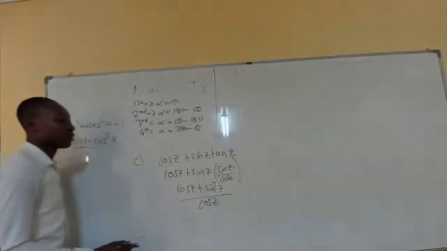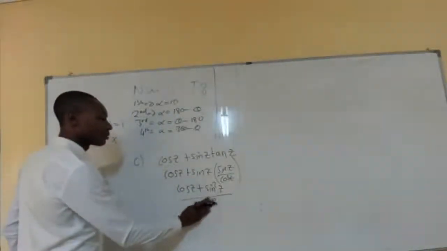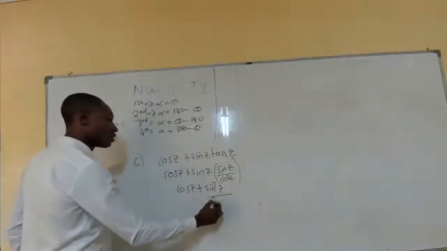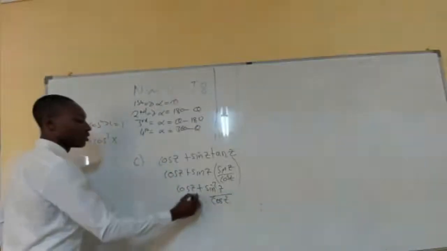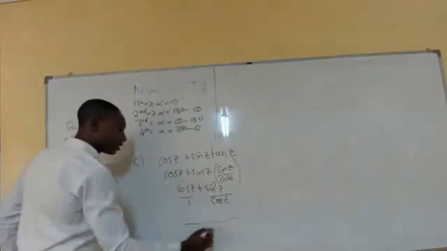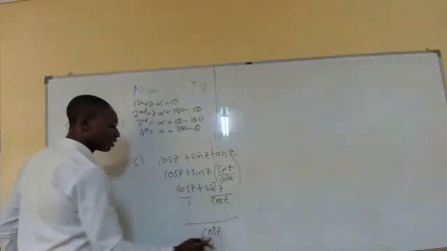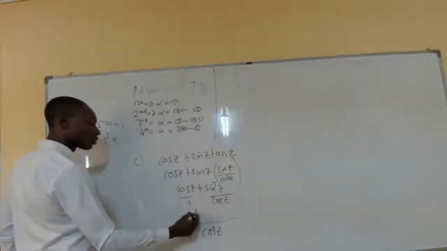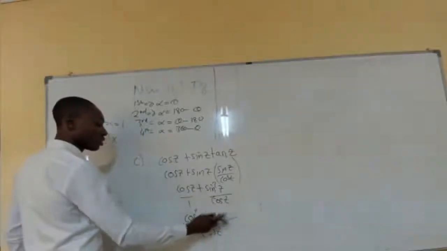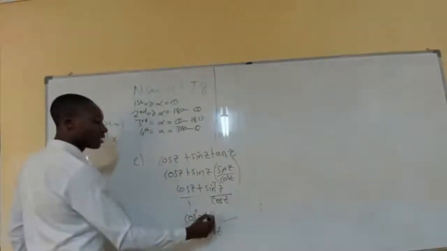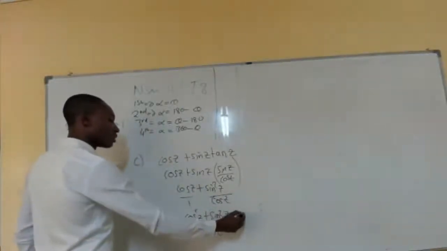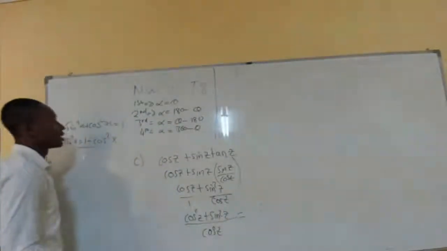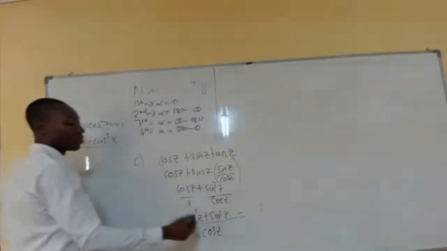Now, cos z over 1, so the common denominator is cos z. 1 into cos z is cos z, plus cos z times sin squared z over cos z. So cos squared z plus sin squared z is a trigonometric identity for 1, I even wrote it here.